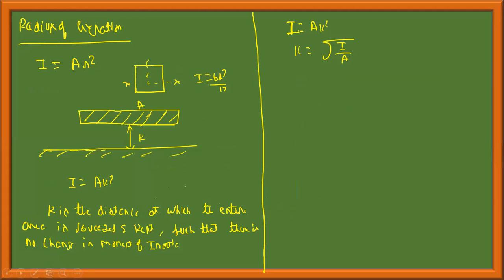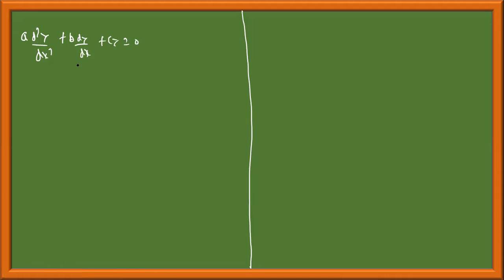Now it has some mathematical aspects which are studied in your first and second semesters. Let us consider a standard differential equation of the format a d²y/dx² + b dy/dx + cy = 0.